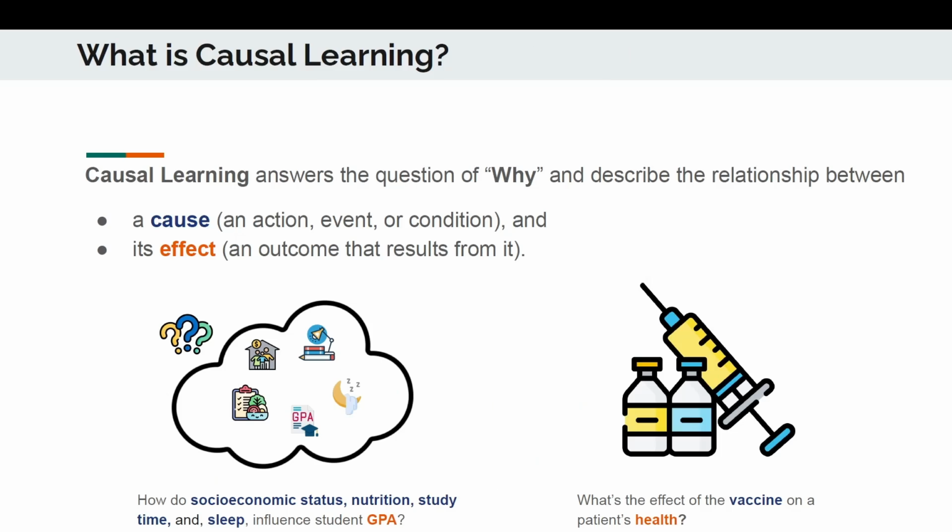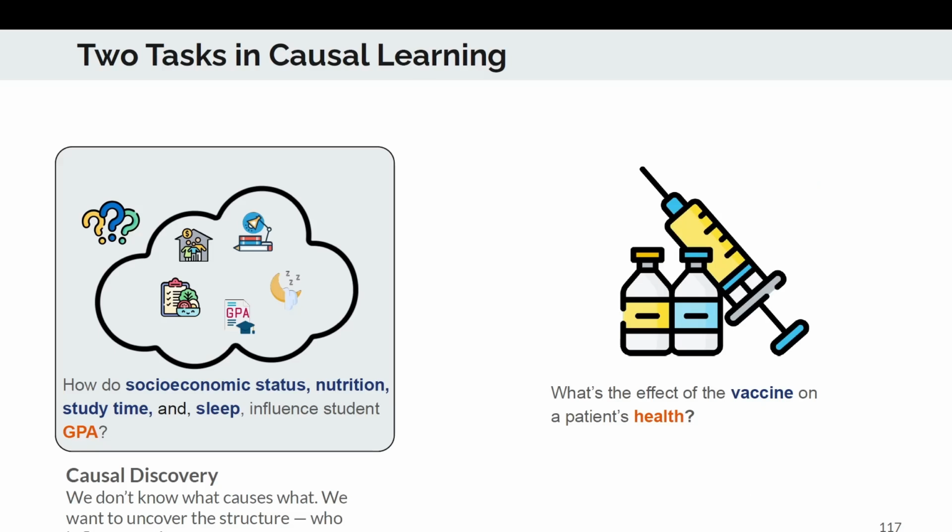With that, I want to conclude the recap of CausalBench and go over what we learned about causal learning. So causal learning essentially answers the question of why, which is very important, and it establishes a relationship between the cause and an effect. We discussed two questions. One is causal discovery and the other is causal effect estimation.